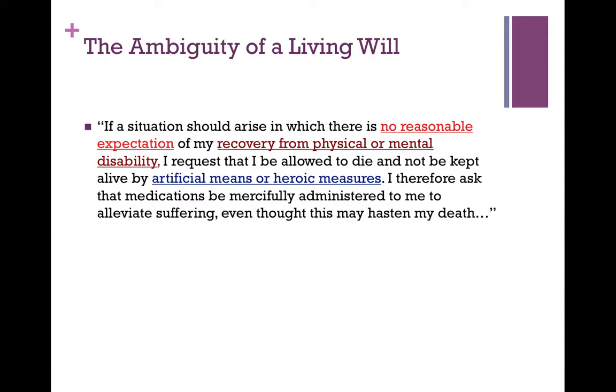For instance, if doctors came to me and said, well, your mother is sick, there's a 40% chance that she'll recover from her condition, I don't know. Is that reasonable? I mean, technically the odds are against her, but that's a fighting chance in my opinion. Even if they said your mother has a 25% chance of living, I would think, well, we have a fighting chance at this point.